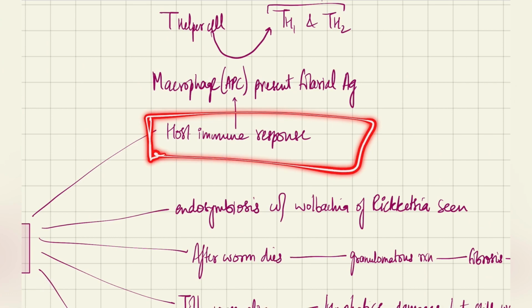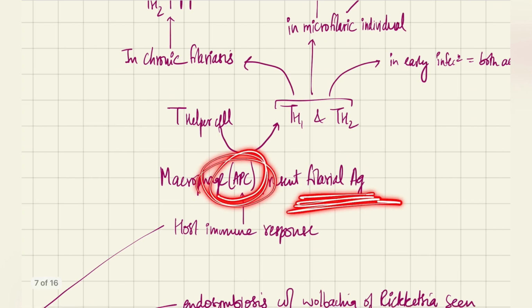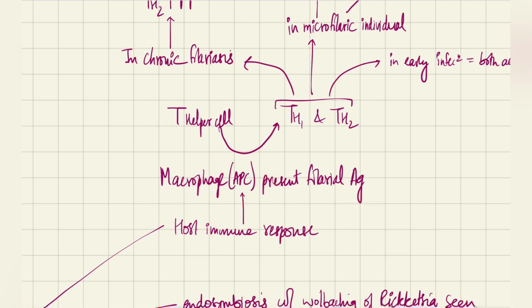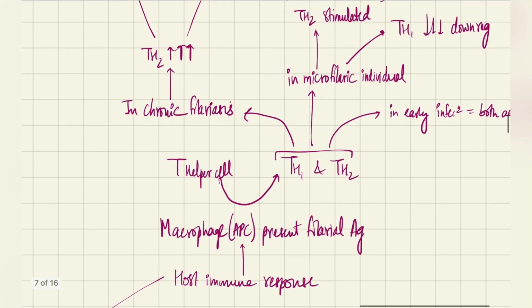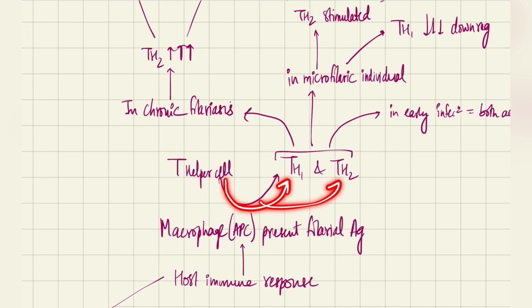Now going deeper into this mechanism, the antigen presenting cells present the filarial antigen to the macrophages, where the T helper cells then differentiate into Th1 and Th2 subsets.